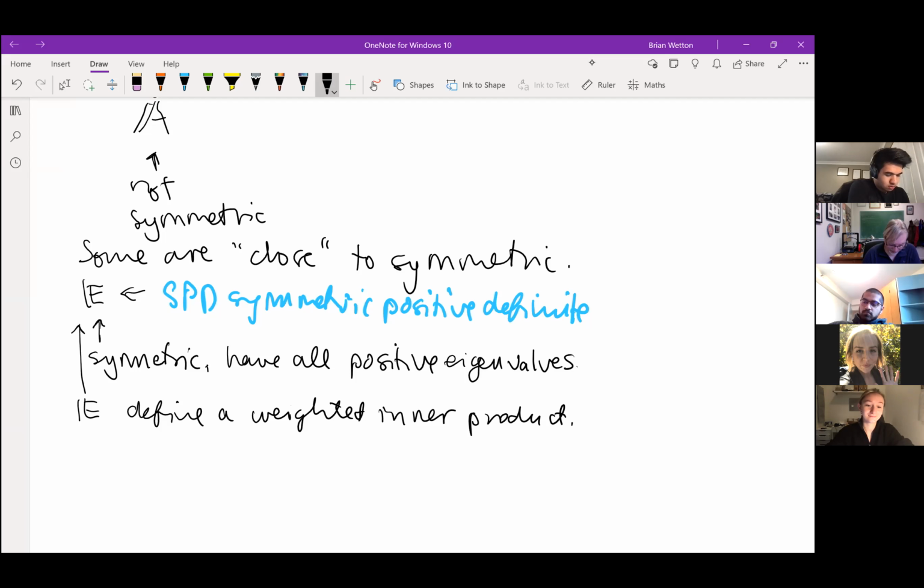So I've got the regular inner product. How do you get the regular inner product? These are n-component vectors here. You take the corresponding components, multiply them together, add them all up. That gives you the inner product or dot product.